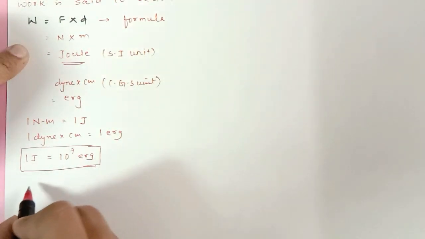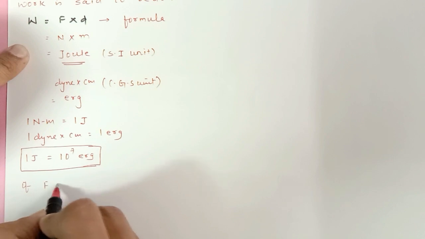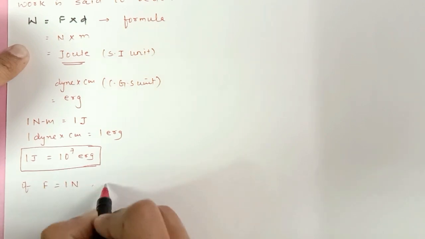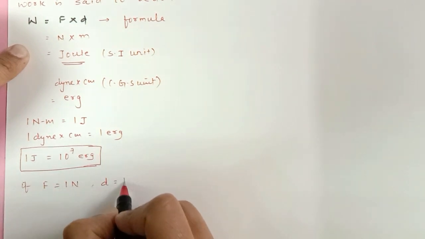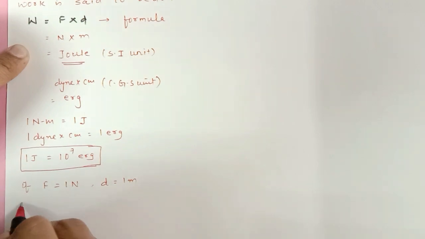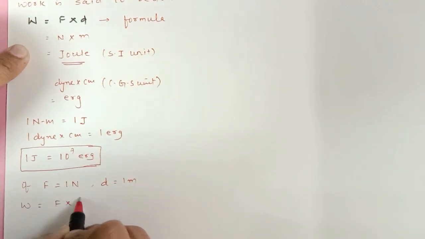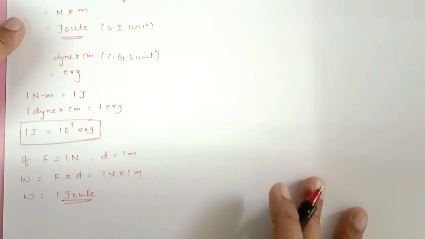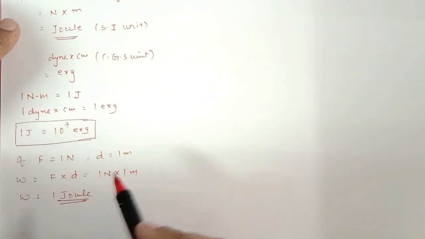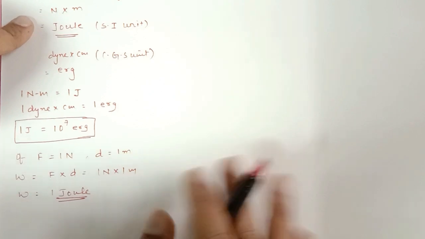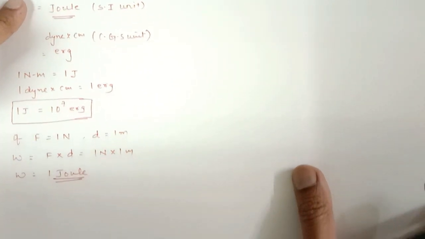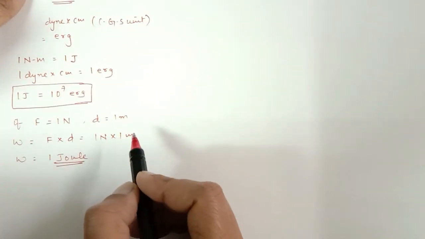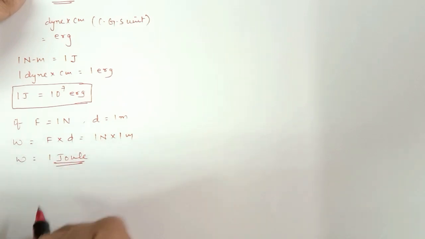If force is equal to 1 Newton and displacement is also 1 meter, that means work done is equal to F into D, that is 1 Newton into 1 meter, that is equal to 1 joule. So how can you define 1 joule? When 1 Newton force applied on a body creates a displacement of 1 meter, then the work done is said to be 1 joule.